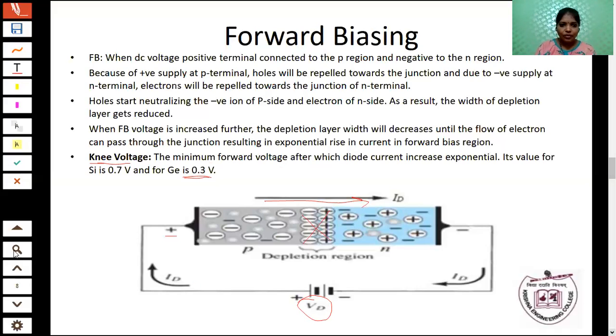Okay, similarly for silicon, it is 0.7 volt. When the diode voltage increases above 0.7 volt, what will happen? The diode current increases exponentially. So the knee voltage means the minimum forward voltage after which the diode current increases exponentially. Okay, so that is the knee voltage.